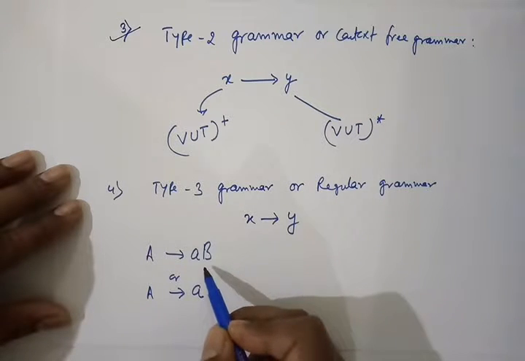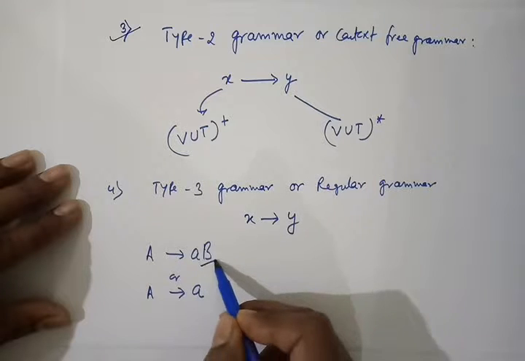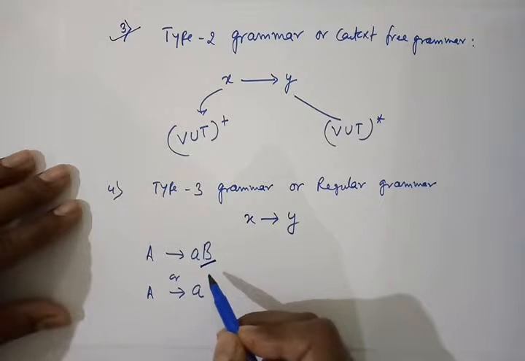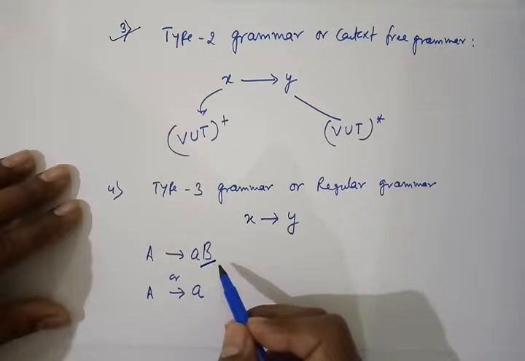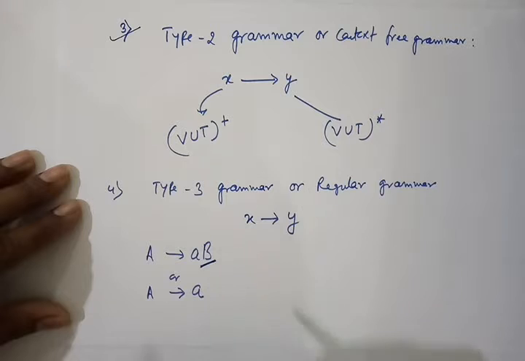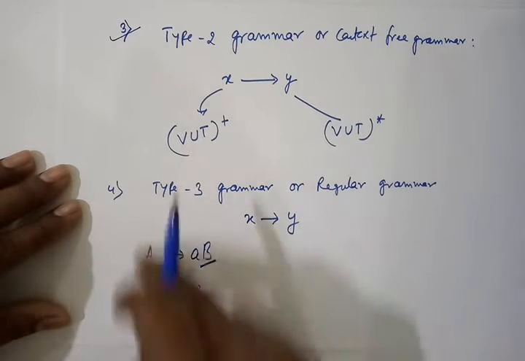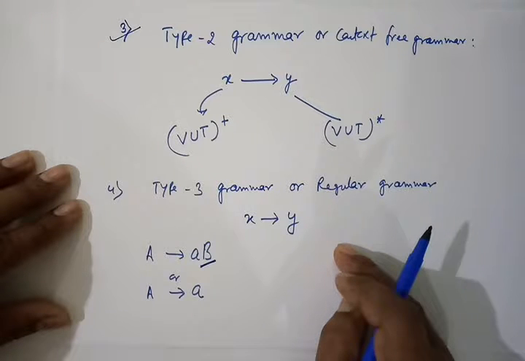So we can notice one thing: on the right hand side of production rules, there can be at most one variable or non-terminal symbol, and that too should be on the rightmost side. Then only our grammar is regular grammar. So this is all about our Chomsky classification.